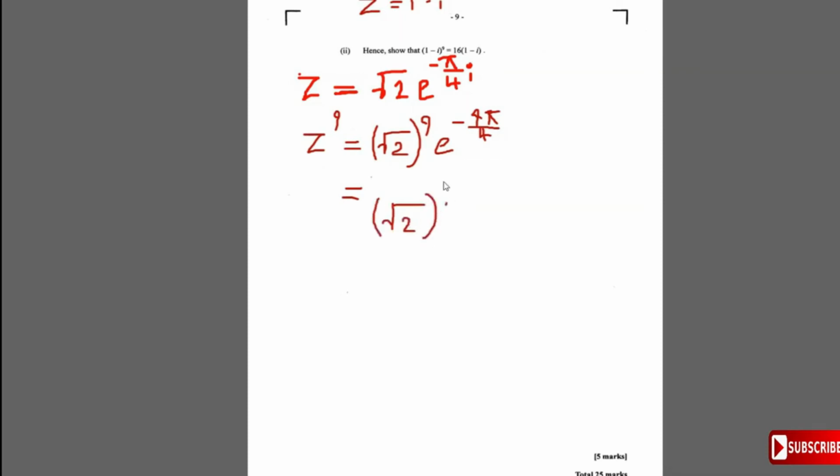So in polar form, this is the root of 2 to the 9th power multiplied by the cosine of minus 9 pi over 4, plus i sine of minus 9 pi over 4.